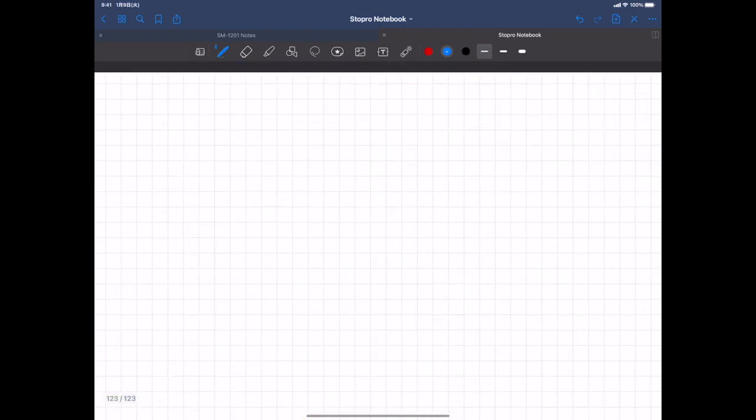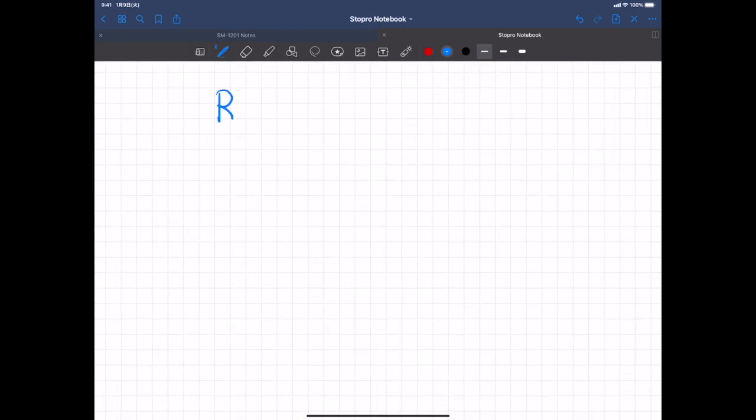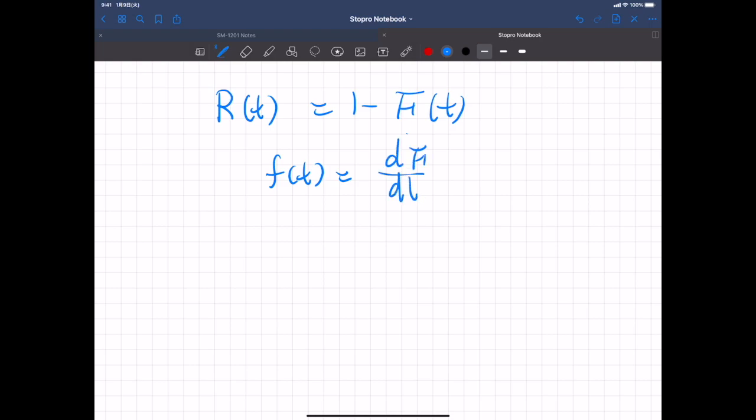Furthermore, let's recall the definition of the reliability function. That was 1 minus F of t, where this F is the cumulative distribution function of the time to failure. And so the density function is actually the derivative of F, the distribution function.